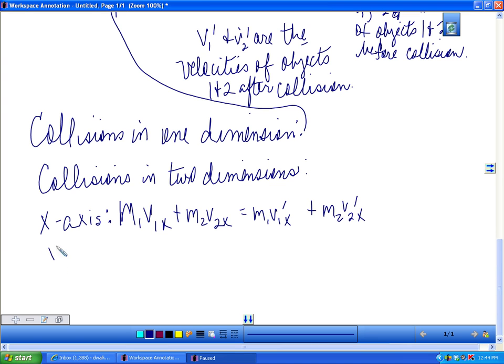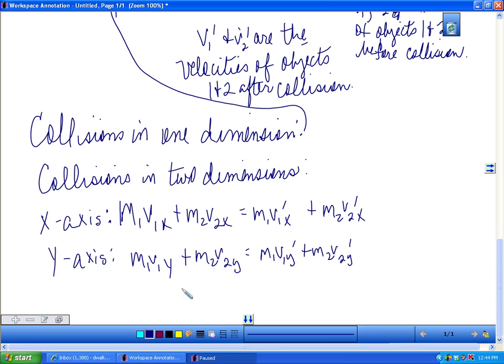And typically what you'll do is use one to help you solve another. So everything looks exactly the same except for this little subscript, it becomes a y. And what typically happens is this quantity over here is 0 so that you can get V1 y prime in terms of V2 y prime or some variable there, and you can go back and solve it, plug that into your x-axis. And I'll do one of those with you because they're a little bit more fun algebraically.